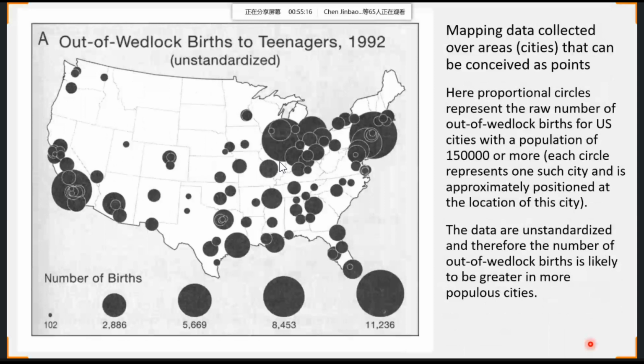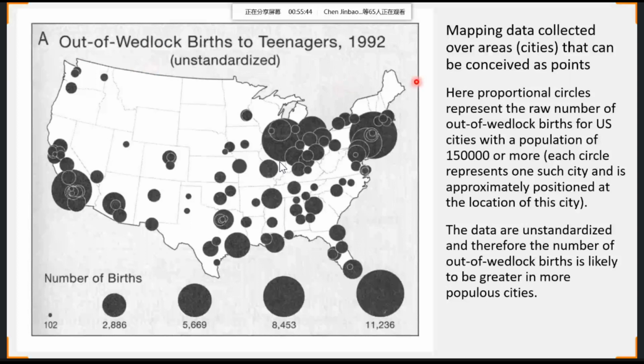Now this example is about the out of wedlock births to teenagers. So if you wonder what that is, what are out of wedlock births? Wedding, this term is a bit hidden here. So these are births of teenagers that are not married, unmarried teenagers.